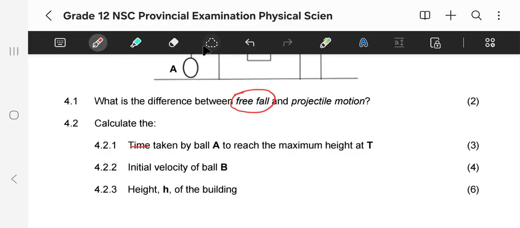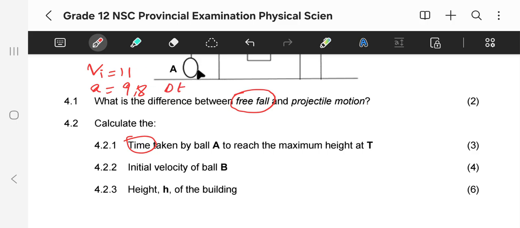And we know that for us to find time, we would have to use a formula that has time. But the formula has to have the information that we have. If we look at ball A, we know its initial velocity. And we also know the acceleration of ball A, but it's a question of whether the acceleration is positive or negative. But we know the acceleration is going to be 9.8. And we are looking for time.